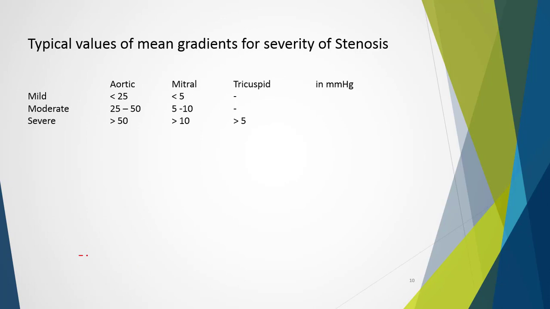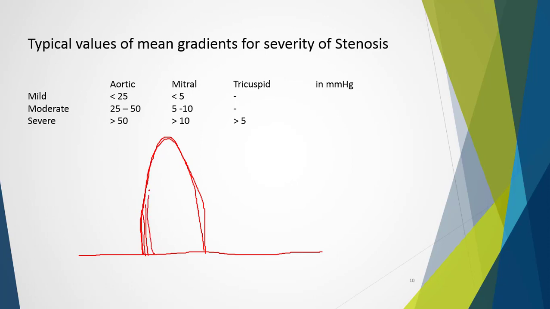So if we were to actually draw out what we do when we're measuring a mean pressure gradient, here's our baseline for the Doppler, and here's our flow profile. What we're doing is tracing around the flow profile, as such, a little bit wobbly there. And then what the machine does for us is it puts in N, or 100 or so, different vertical lines from the baseline up to the point, and so on, all the way under the curve.